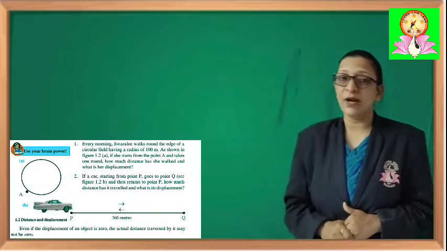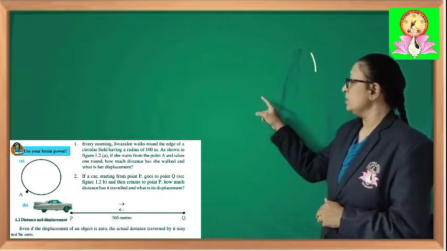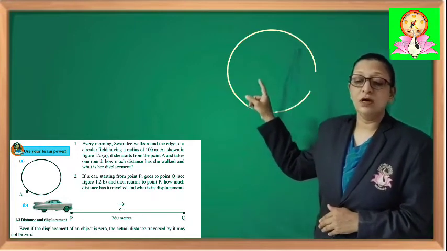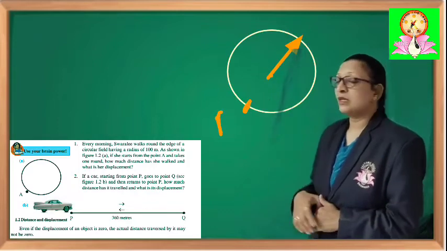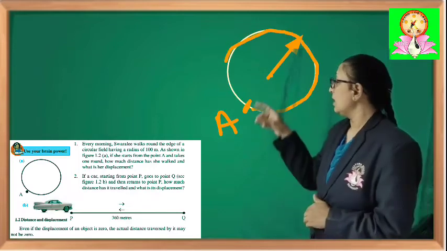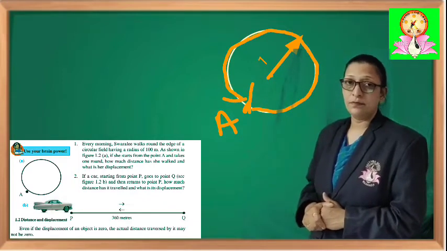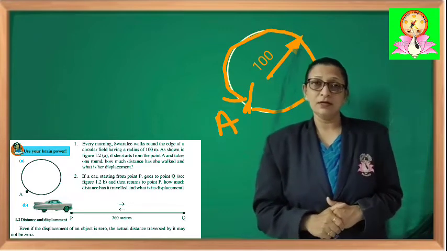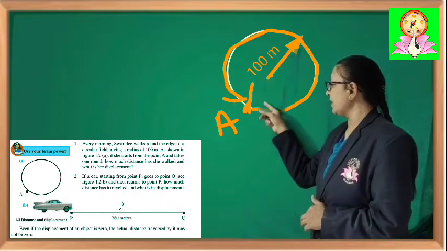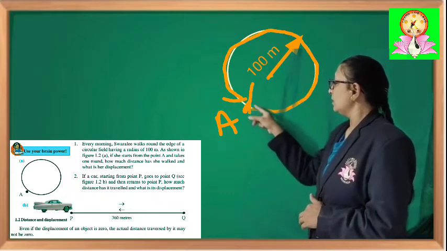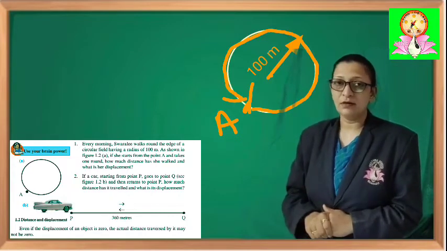Let us use our brain power and answer this question. Here, Swarali every day moves around the edge of a circular path with a radius of 100 meters. We have to calculate the distance travelled by Swarali when she moves from point A for one complete round, and the displacement.